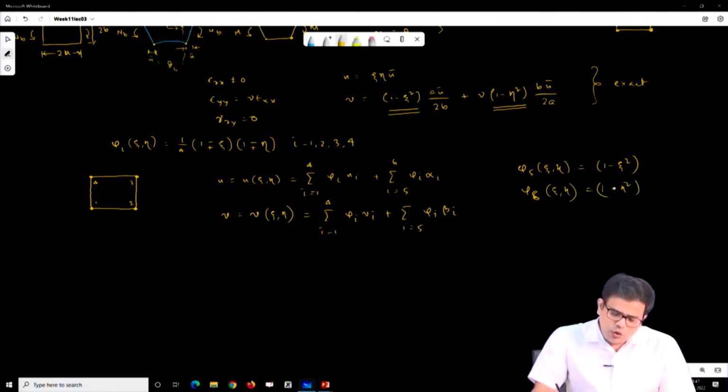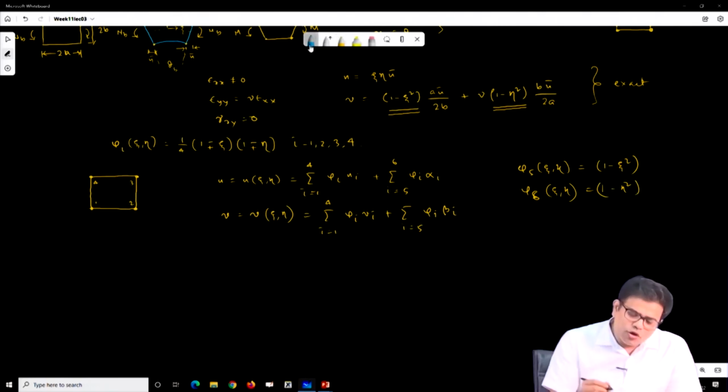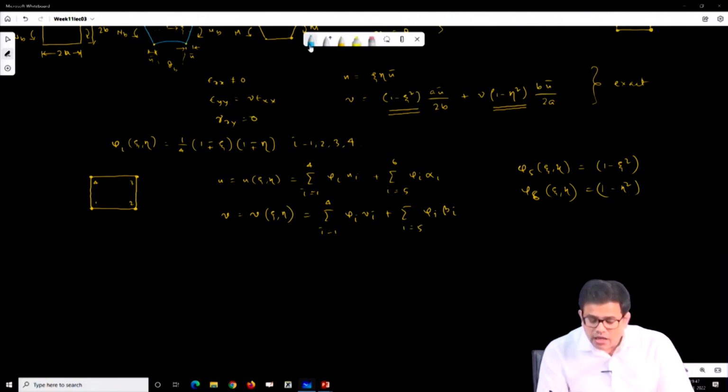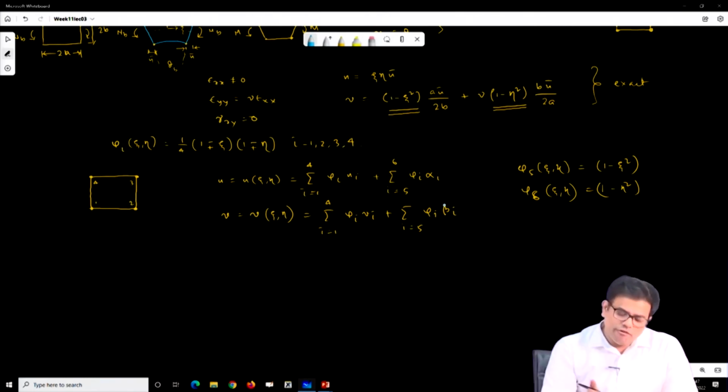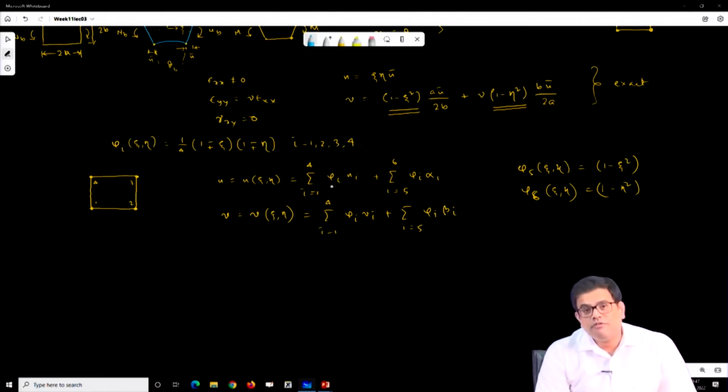Now if you look carefully, we have only 4 nodes, but we are adding more unknowns. Alpha I and beta I are unknown, so there are 4 additional unknowns we are considering. This will create an incompatibility in the system. Why? Because these additional shape functions phi 5 and phi 6 are not connected to any node, since we have already used 4 shape functions for the 4 nodes in the Q4 element.